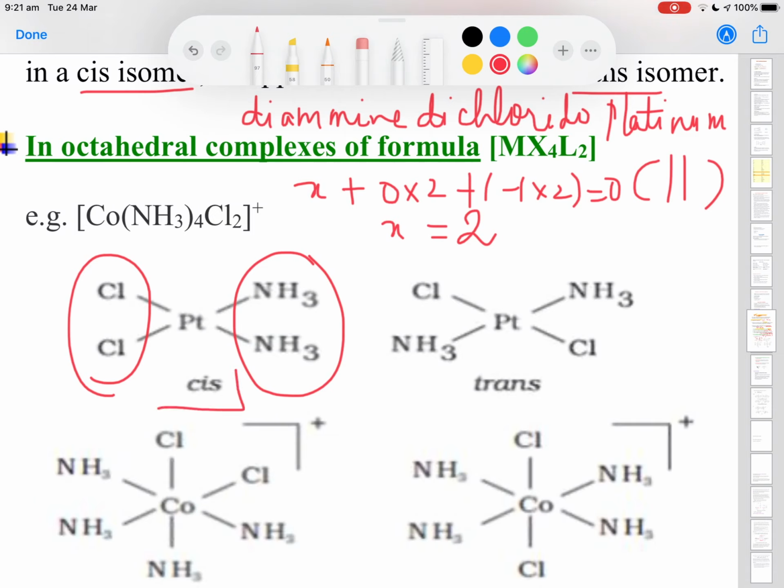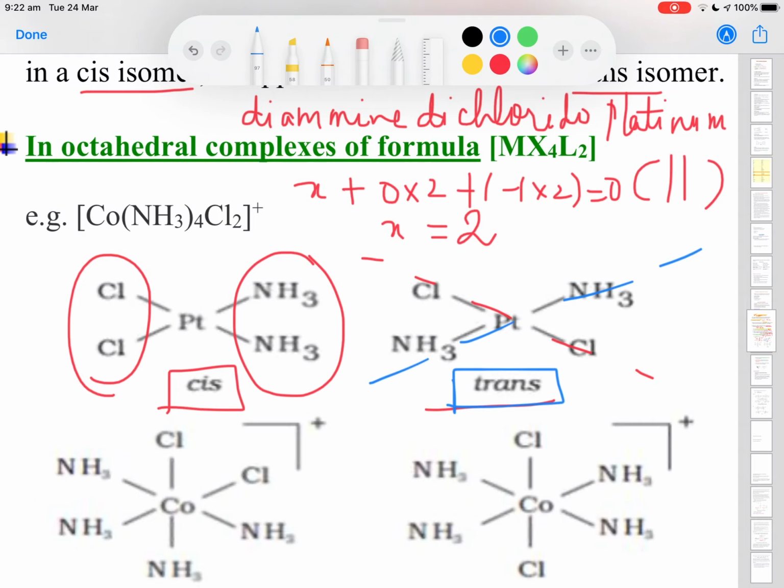Such isomers are called cis, whereas in trans you find the same ligand diagonally opposite to each other. So chlorido is aligned in one diagonal and ammine is aligned in another diagonal. Such isomers are classified as trans.